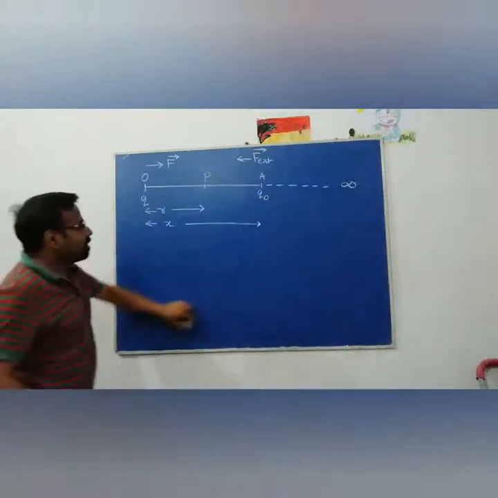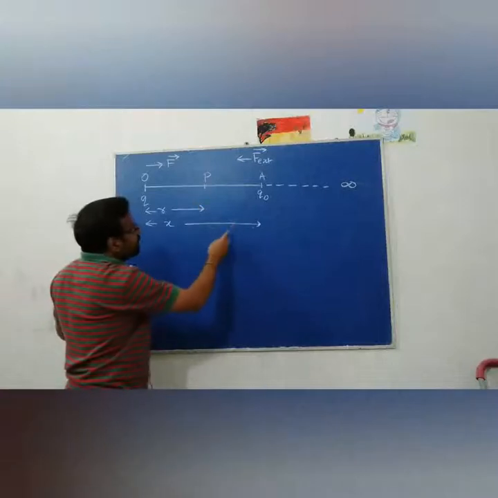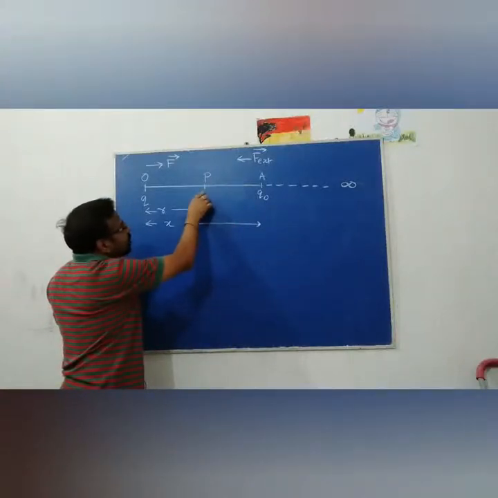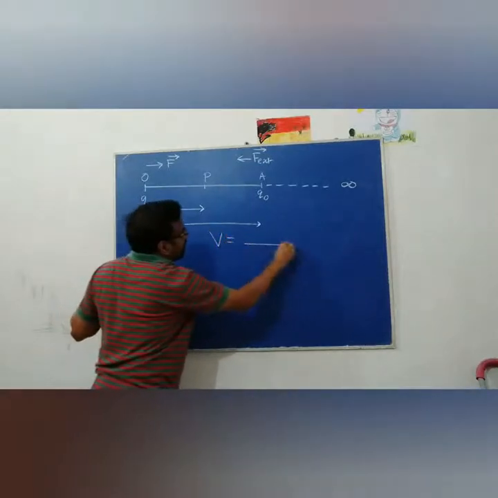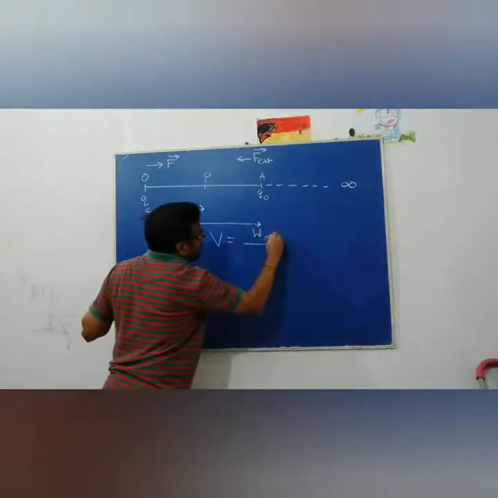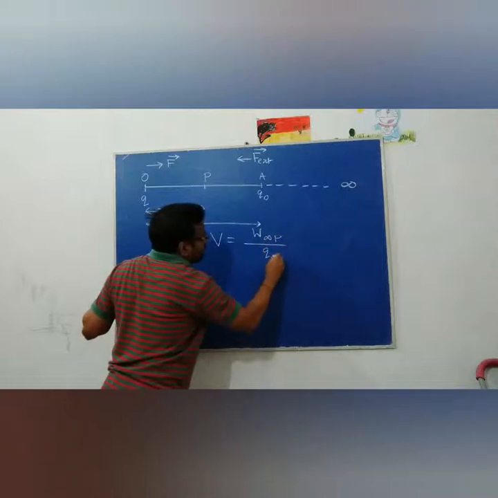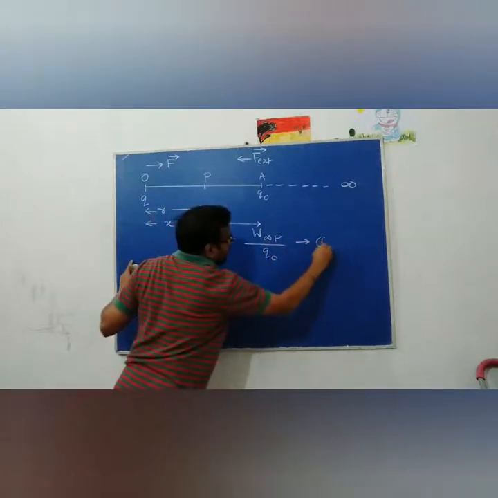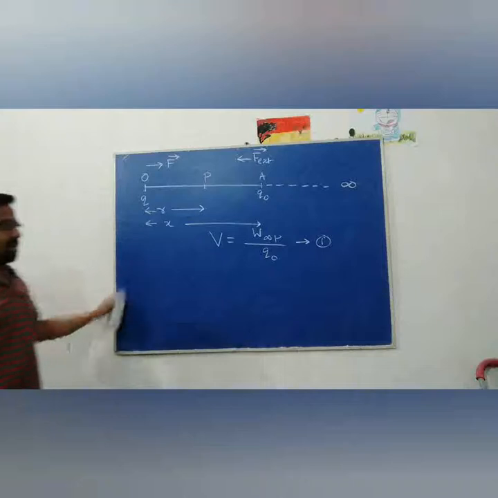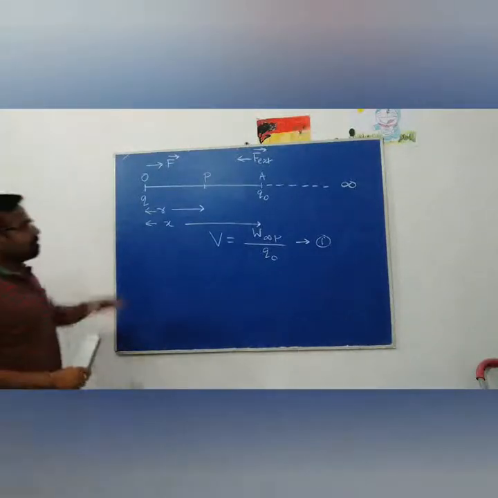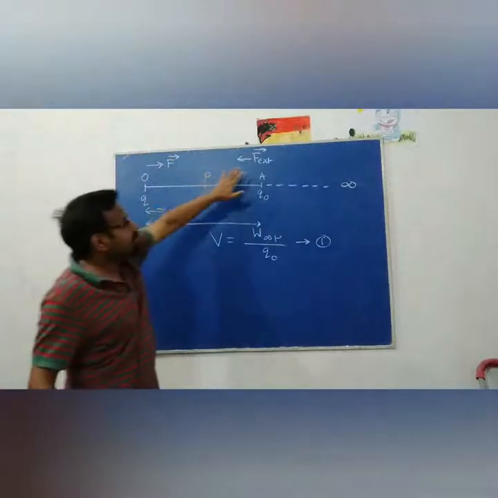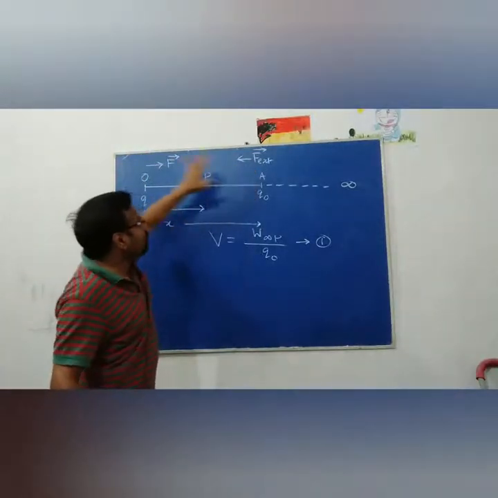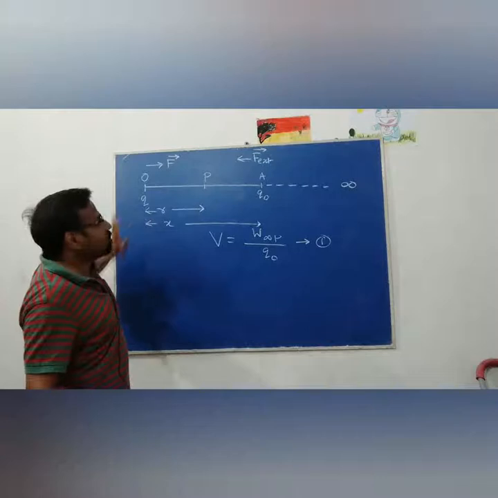So from the definition of potential, our aim is that we have to find out the potential at point P. V equal to W infinity P divided by Q0. And we consider this as equation 1. Now just glance at this diagram. Here see external force is opposite to the force due to source charge.